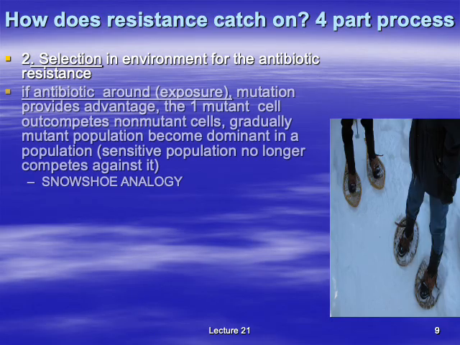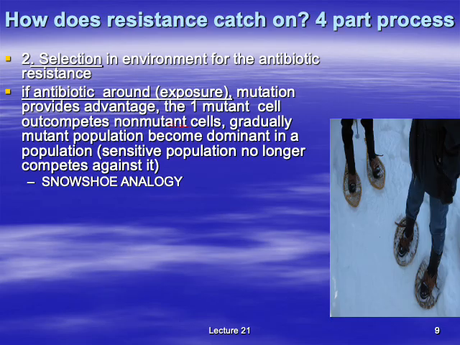Why? Well, if the antibiotic is around, and we have our macrolide resistant bacteria, then the bacterium with the mutation that makes it resistant has an advantage over the ones that are sensitive. Because the antibiotic is around, the resistant one is going to outcompete the non-mutant cells.